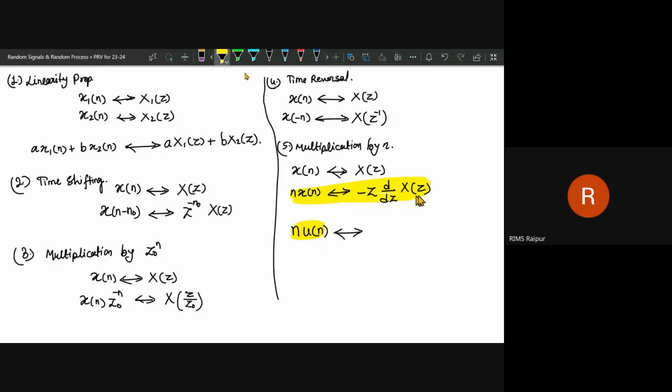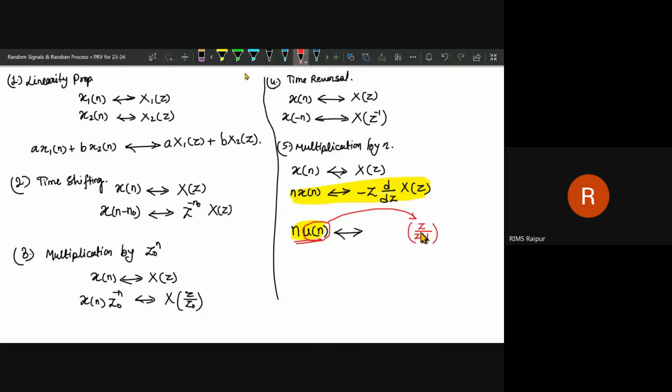Initially, to find the Z transform of n u of n, we need to know the Z transform of u of n, and that we have already derived in previous questions. The Z transform of u of n is z upon z minus 1.